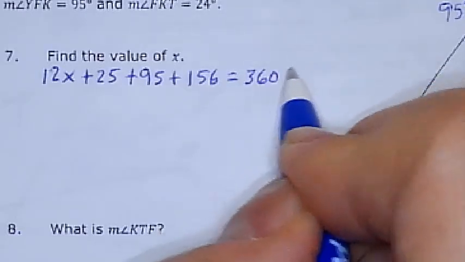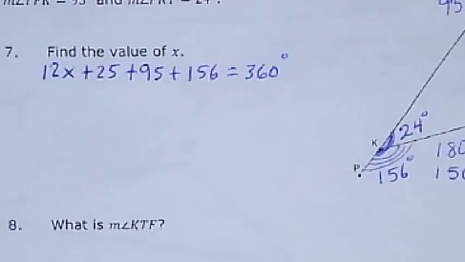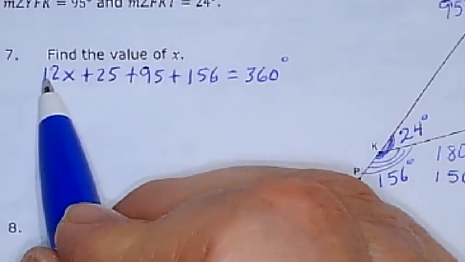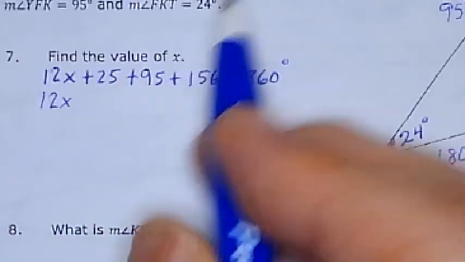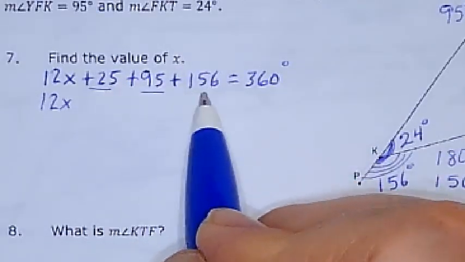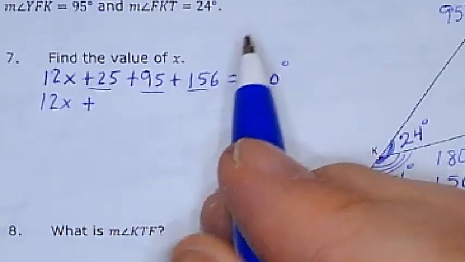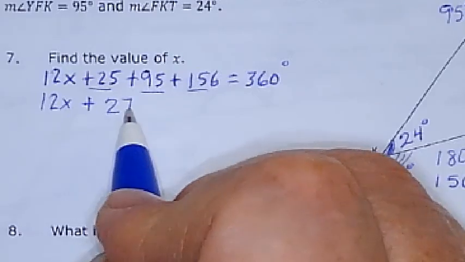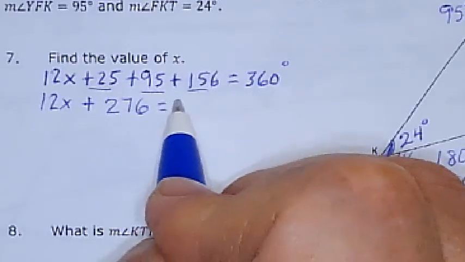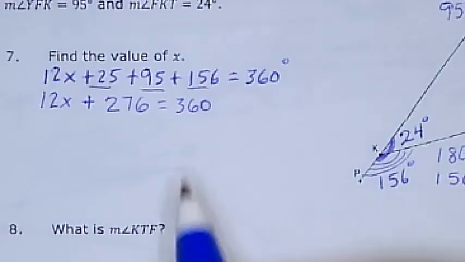At this point, there's only one x term, so I drop it down. But with the calculator, I could add 25 plus 95 plus 156. That's going to be a big old number. What is it? Thank you. Equals 360. So, again, you kids are as good as I am at doing this.